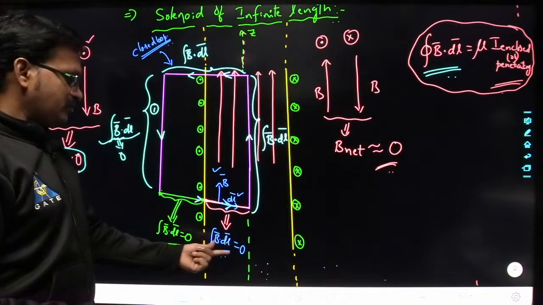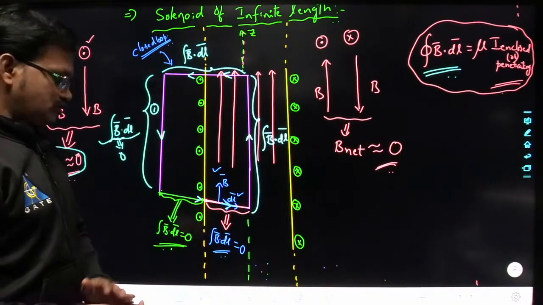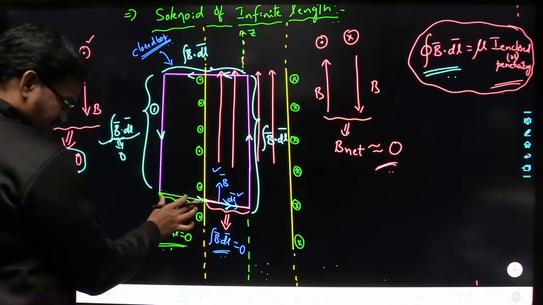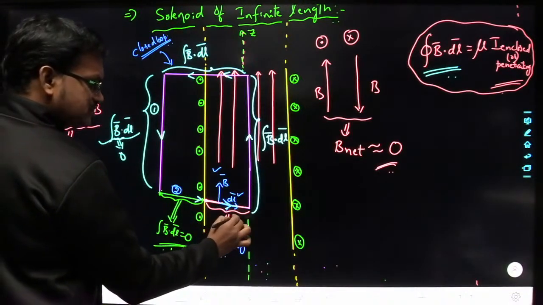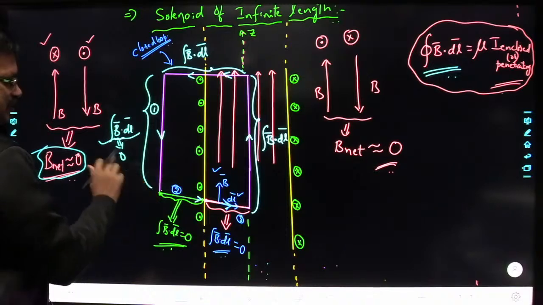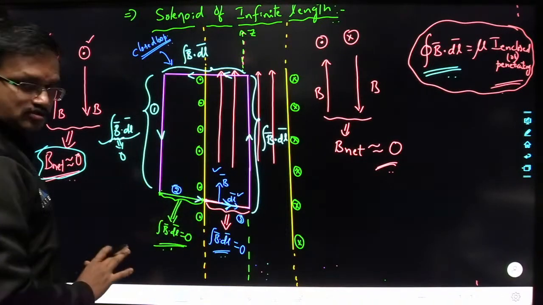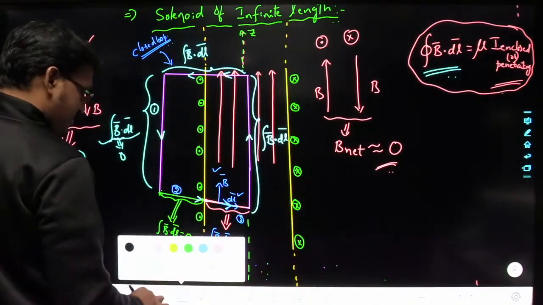So that means integral B bar dot DL bar over this length will also become equal to 0. Understood? Okay. So from here to here, consider this as second section, and from here to here, consider this as third section. Okay. So over first section it is 0, over second section also it is 0, over third section also it is 0. Right. Okay. Next.